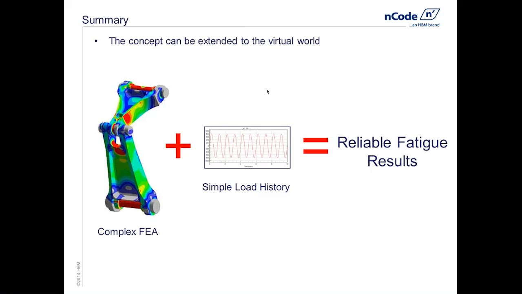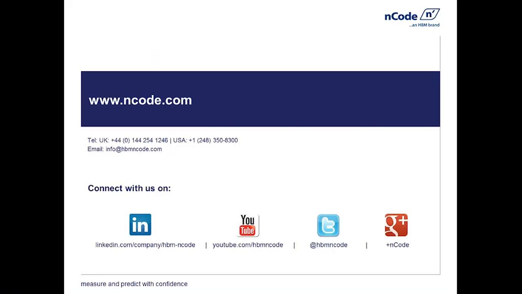Once we have that, we can apply a simplified loading history, greatly simplify our fatigue analysis, and consequently achieve a reliable fatigue result. So capture accurate stresses, apply a simple loading history, and once we do that, we know that we can trust our results.